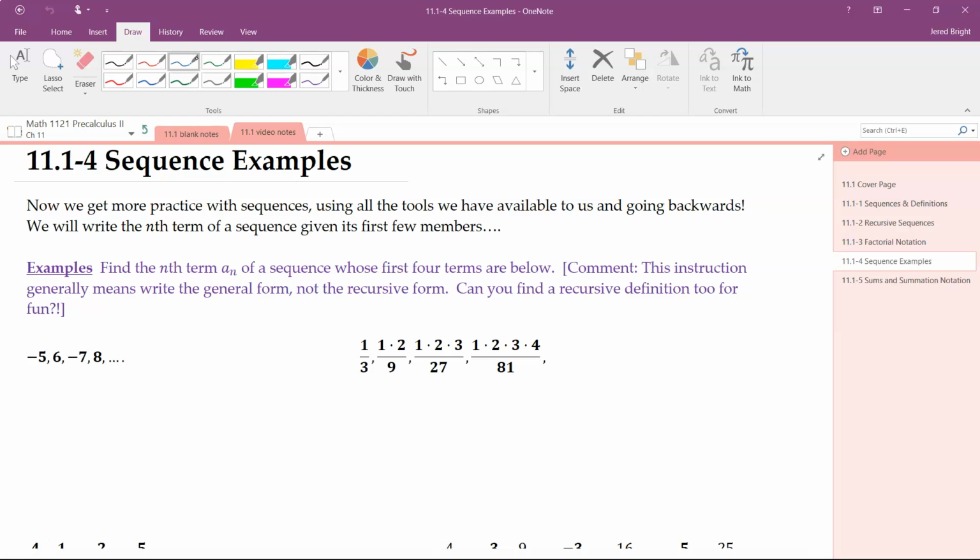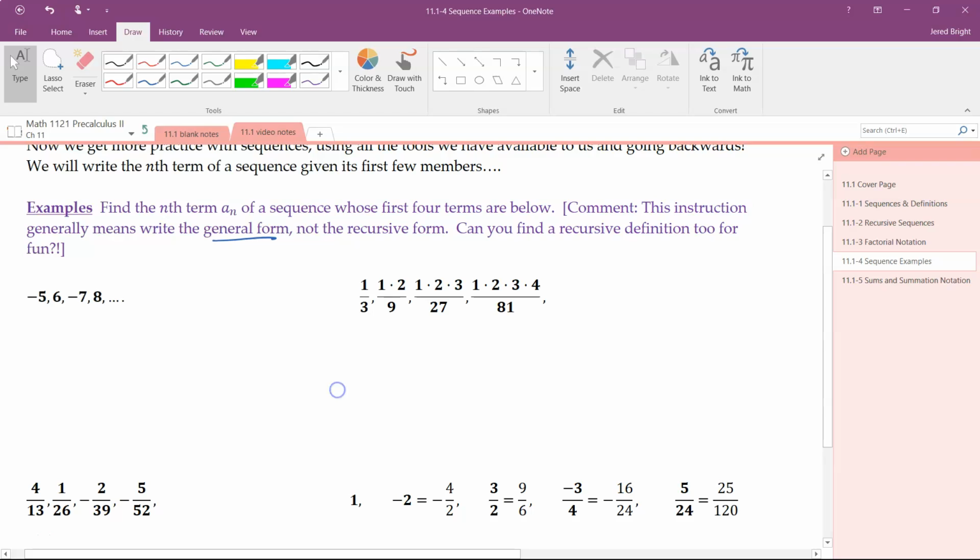We're just supposed to find the nth term, and when we say this, we generally mean general form, not recursive form, but maybe you can find both just as a fun exercise. So I'm looking for an, and what I notice here is that the values 5, 6, 7, and 8 are going up by one each time as I go through the sequence.